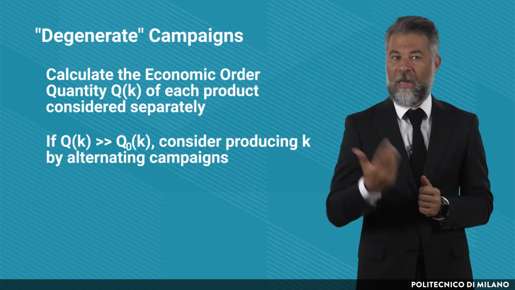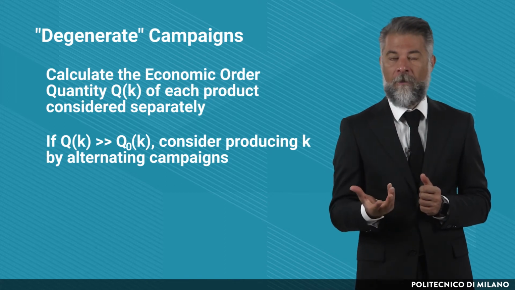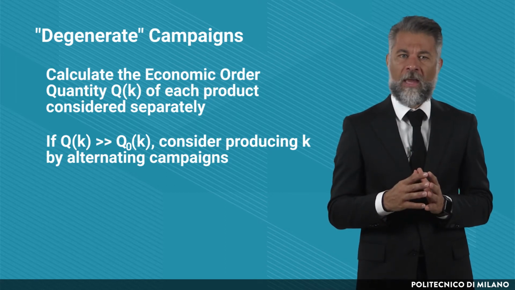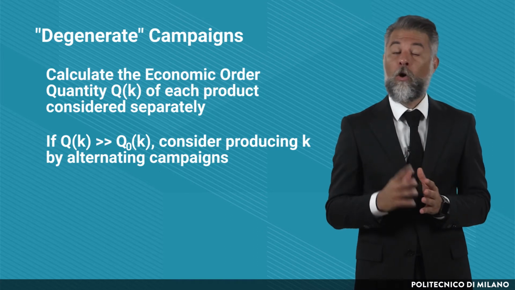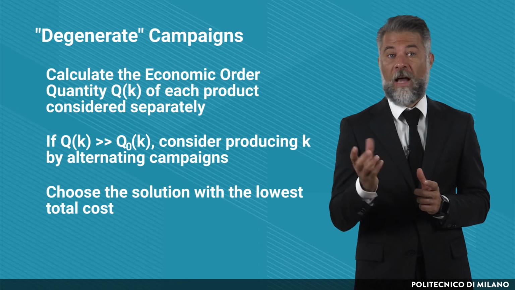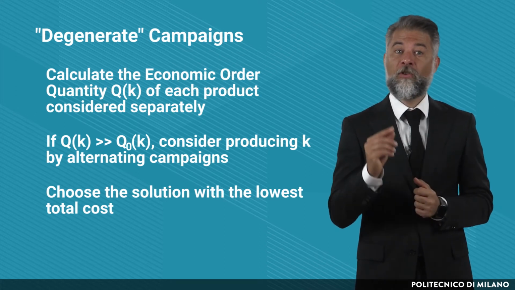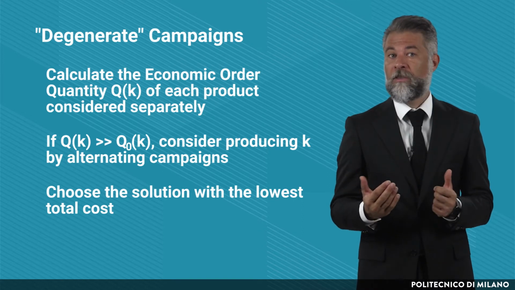If QK is much larger than Q0K, consider producing product K by alternating or occasional campaigns. The costs associated to the different alternatives are calculated, and the solution with the lowest total cost is chosen.